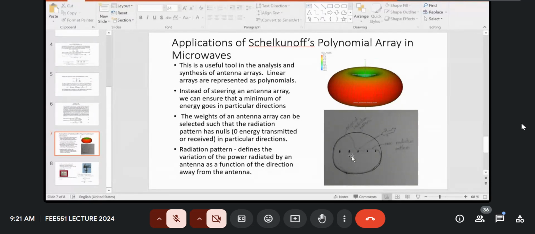So these dots represent antenna arrays, and they are transmitting or receiving signals within this radiation pattern, the outer circle.